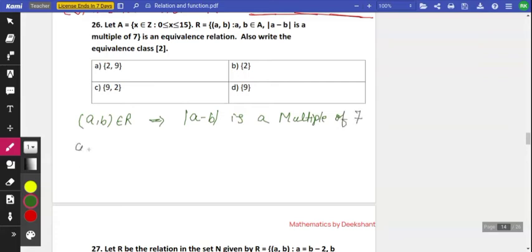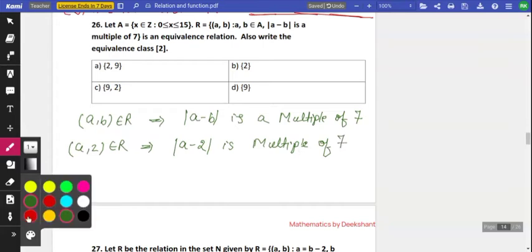To find the equivalence class for 2, a comma 2 belongs to relation R. We can say that mod a minus 2 is a multiple of 7, and a and b belong to the range 0 to 15.